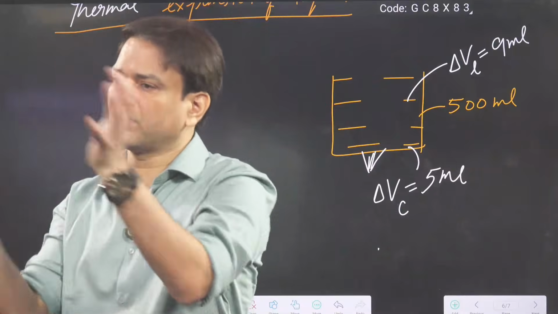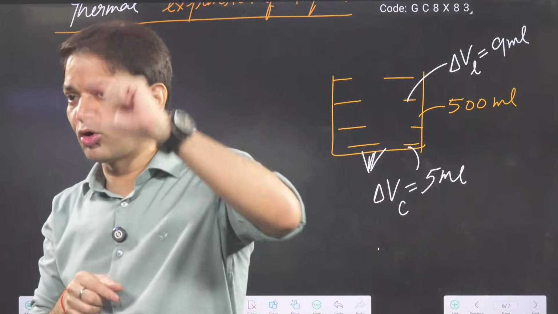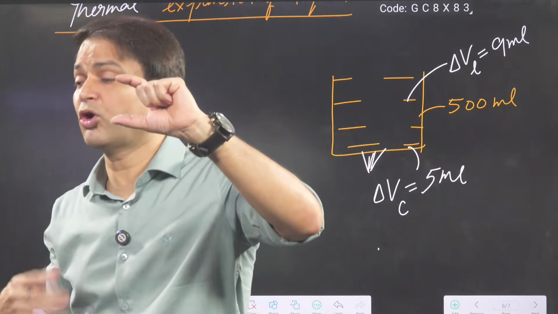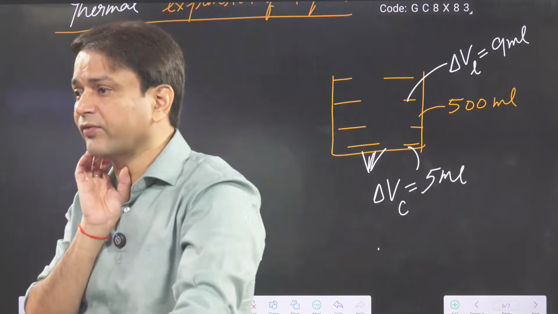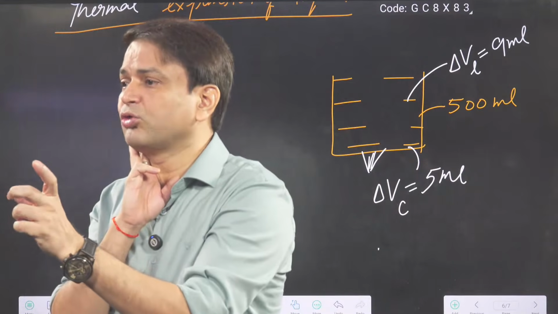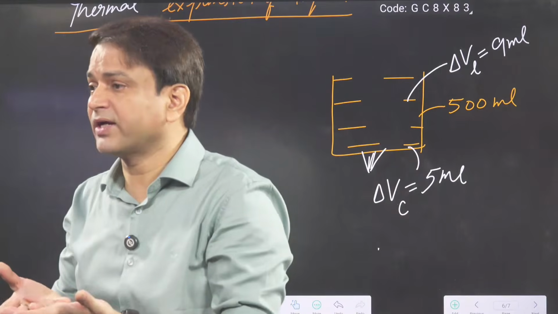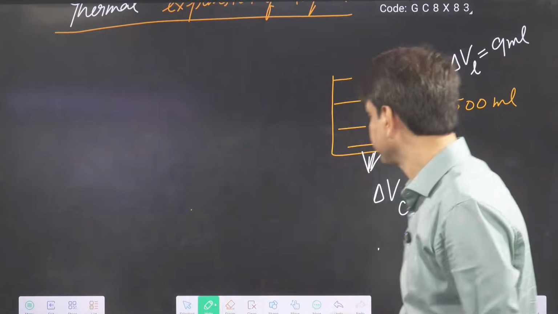Initially I took 500, now it is 509. It means 9 ml of extra liquid expanded, so the real expansion is 9 ml. But what we observe directly, the apparent expansion, is 4 ml. Everybody got or not?